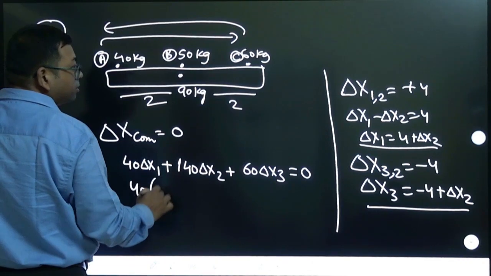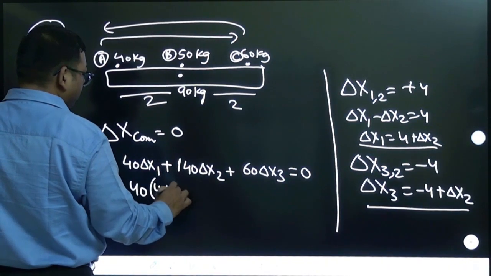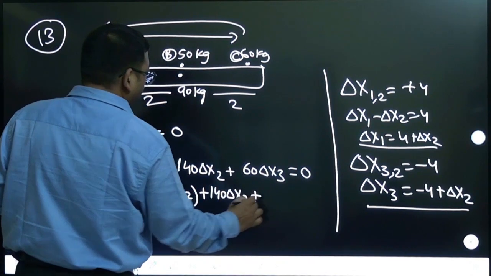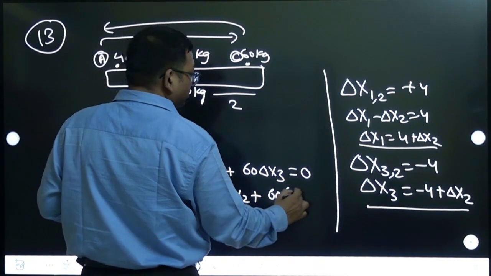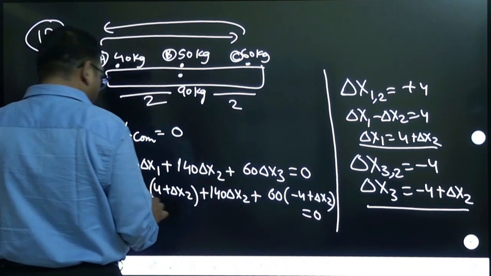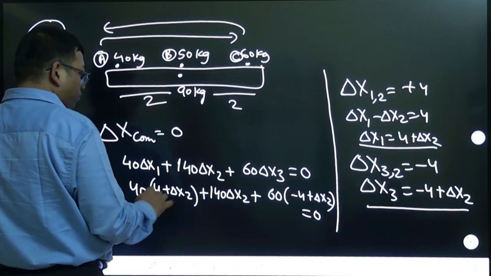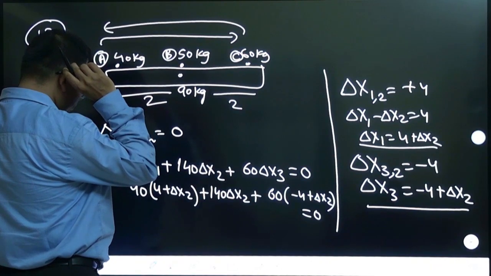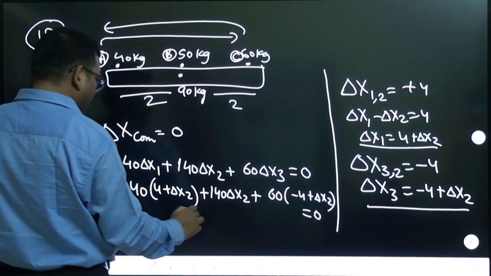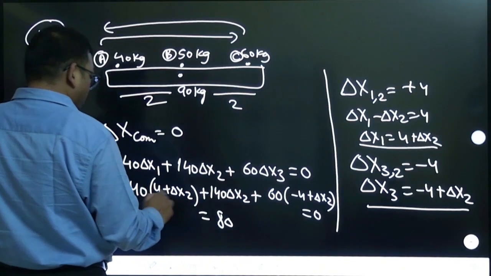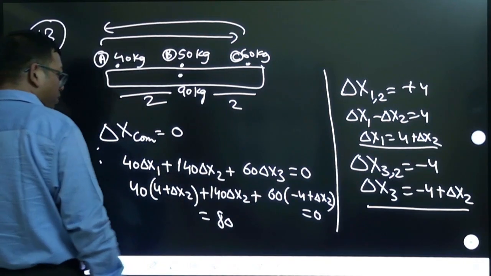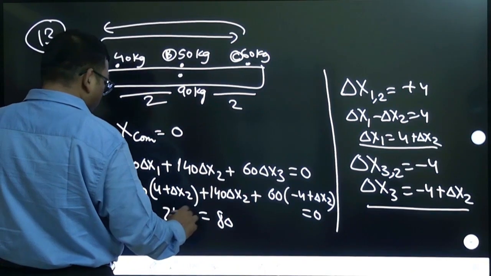So 40 into 4 plus delta x2, plus 140 delta x2, plus 60 into minus 4 plus delta x2 is equal to 0. So check out this. 40 into 4 minus 240, so 160 minus 240 is minus 80. 80 will come this side, and this 40 plus 60 plus 140 is 240 delta x2.